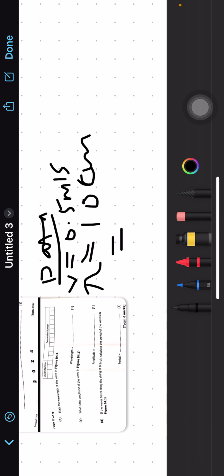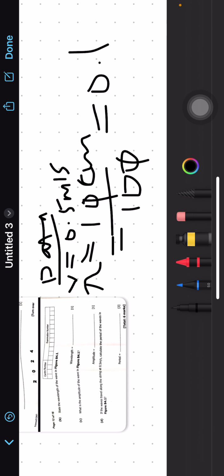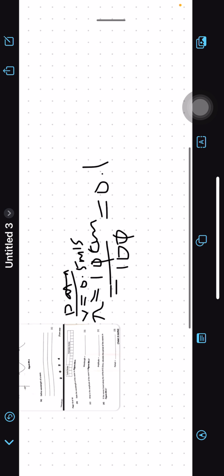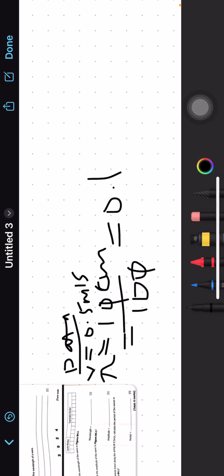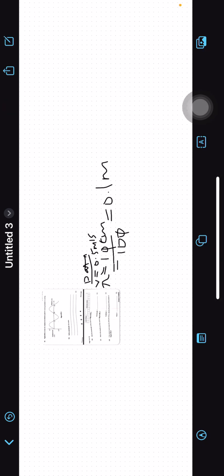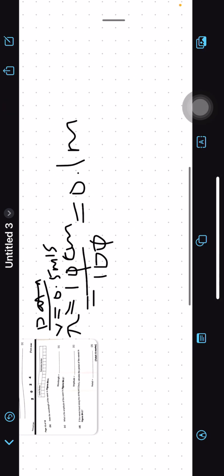V is equal to meters per second, which means the wavelength should be converted into meters. So what are we going to do? We're going to divide by 100, which is going to give us 0.1 meters. Okay, so that is the wavelength.